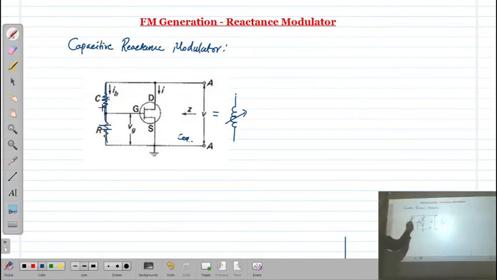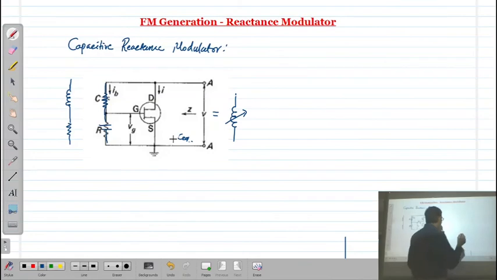Or here, instead of a capacitor, if we have connected an inductor and here we have connected a resistor, so in both cases the reactance modulator will work as an inductive reactor.